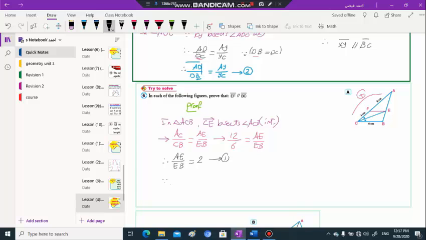Since AF over FC equals 8 over 4, which is 2, and this is number 2. So from 1 and 2, therefore we have AE over EB equals AF over FC. Therefore, FE is parallel to CB.